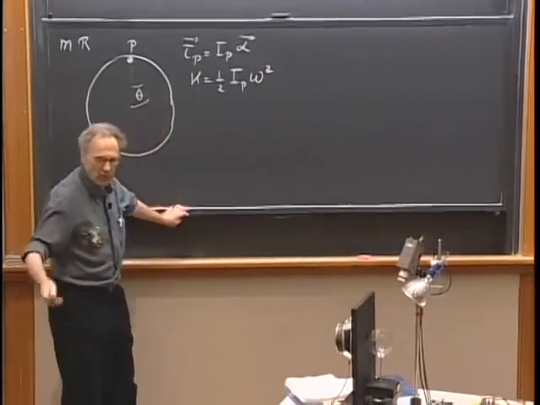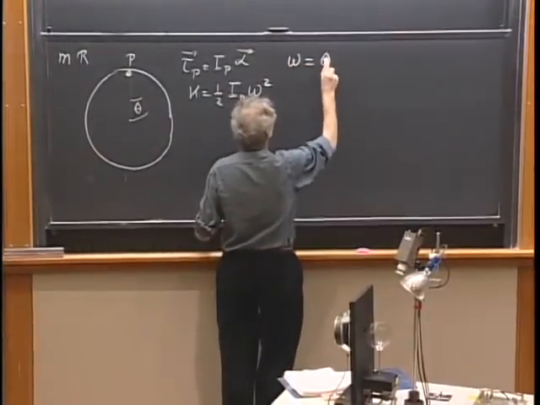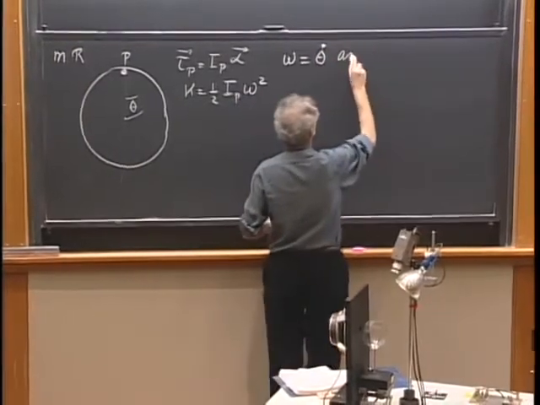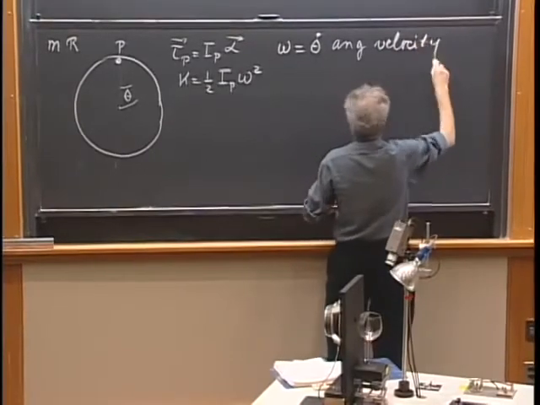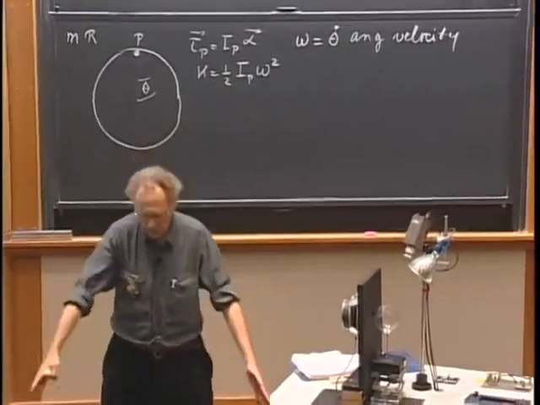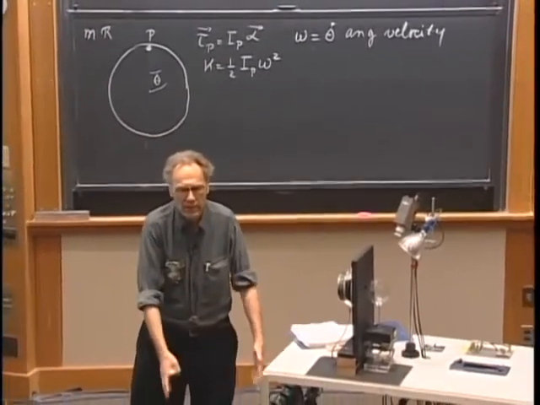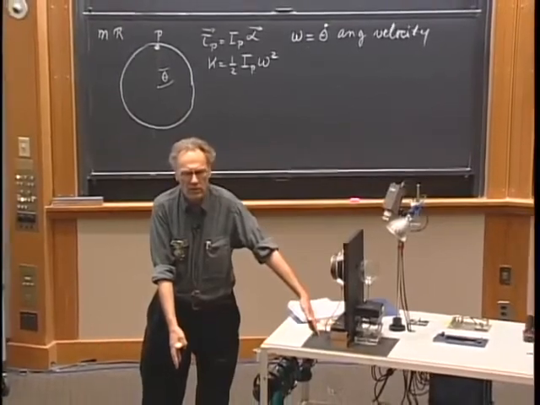You remember that from 801. And this omega is theta dot. We call that the angular velocity. This angular velocity changes with time. When the object goes through equilibrium, the angular velocity is a maximum, and when the object comes to a halt, the angular velocity is 0.